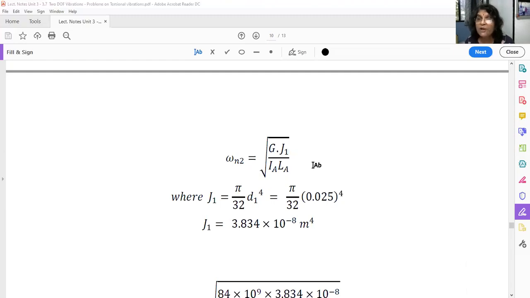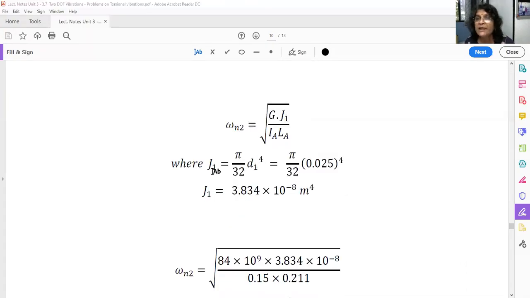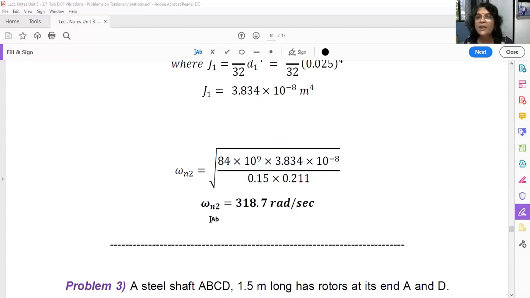Remember, whatever equivalent diameter you consider, only that diameter you have to use here, because this LA has come from the equivalent length, and the equivalent length has come from D1. So finding out this J1, the polar moment of inertia for that diameter of the shaft, putting D1 you get J1 as 3.83 into 10 raised to minus 8 meter fourth. Putting all values, you get omega N2, that is 318.7 radian per second.